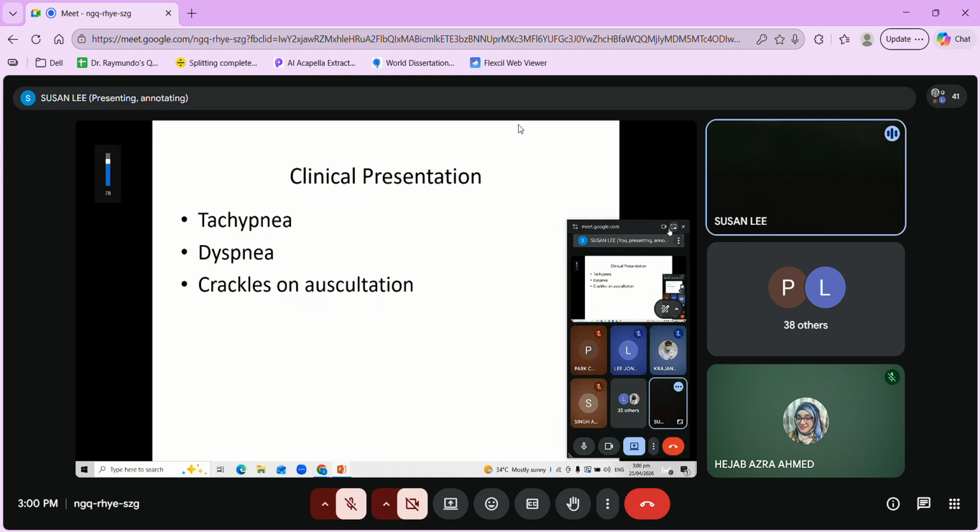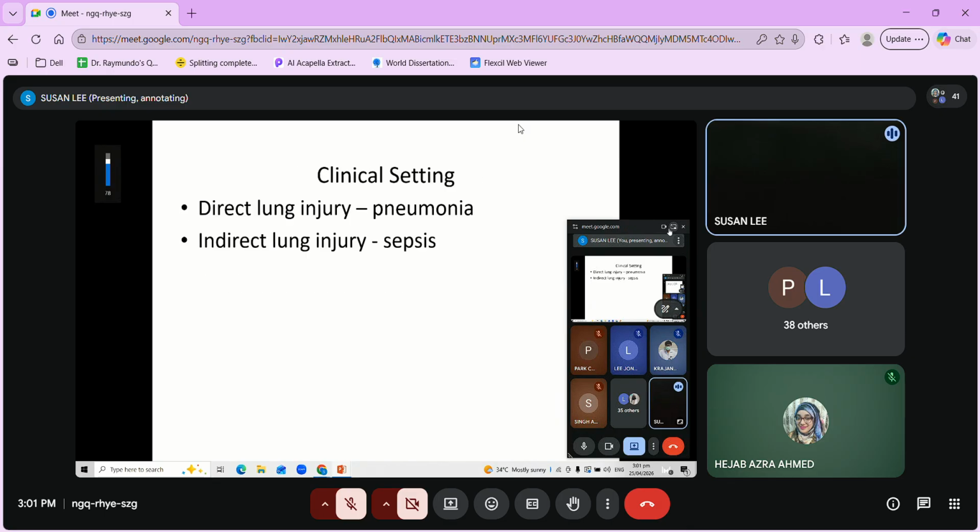Okay. So clinically, the first symptom of your patient is dyspnea, and that is the most common, and the most common sign is tachypnea. And of course, there is pulmonary edema. That's why on auscultation, you can hear crackles all over the lung field. The clinical setting is either a direct lung injury or an indirect lung injury.